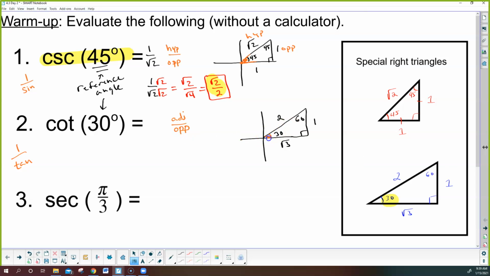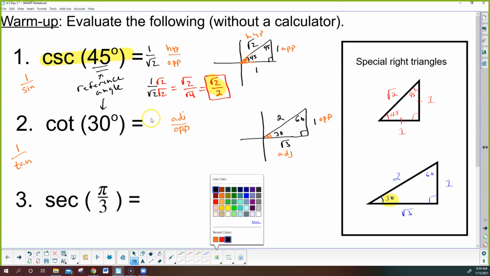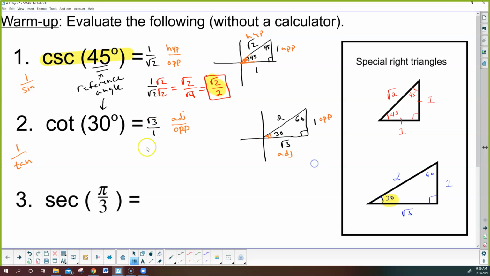So I'm going to go and look at my reference angle. Square root of 3 is the adjacent, 1 is the opposite. So then my answer is the adjacent over the opposite. And the square root of 3 is over 1. It would probably just be written as square root of 3 because dividing by 1 doesn't change the outcome.